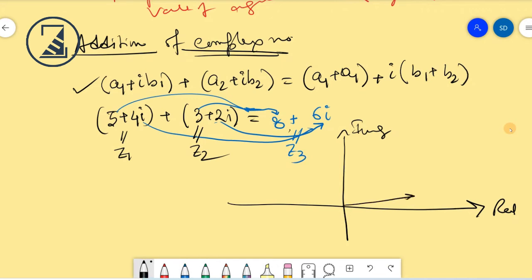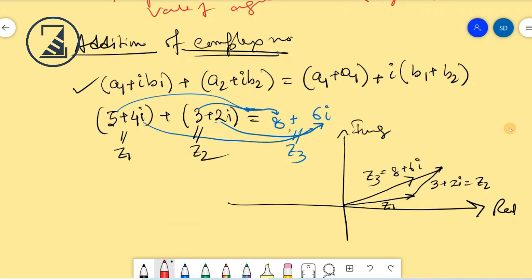Let's say this is my 5 plus 4i complex number, and this is 3 plus 2i, that is Z2. If we add these two, then we will get this. This is my 8 plus 6i, that is Z3.